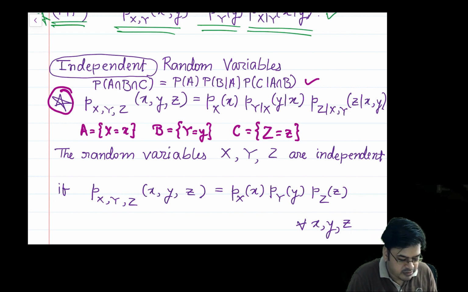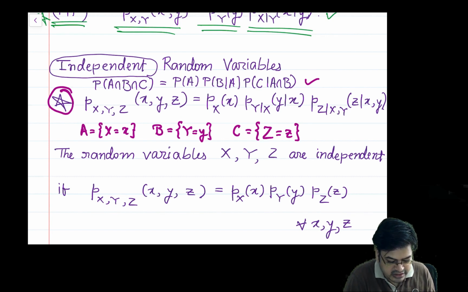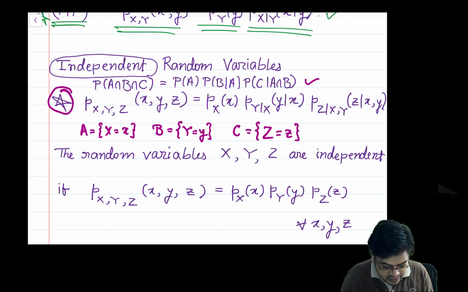That is, the probability mass function of XYZ at small x, small y, small z is equal to the marginal probability mass function of X at small x, into the conditional PMF of Y given X, where the values taken by random variables Y and X are small y and small x, and the conditional probability for the event A intersection B, that is for random variables X and Y being equal to small x and small y respectively.